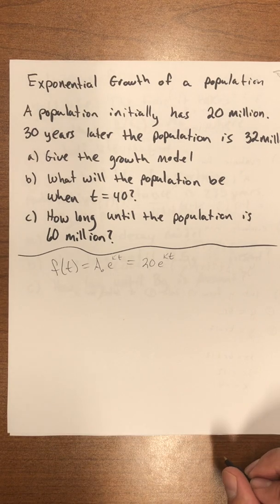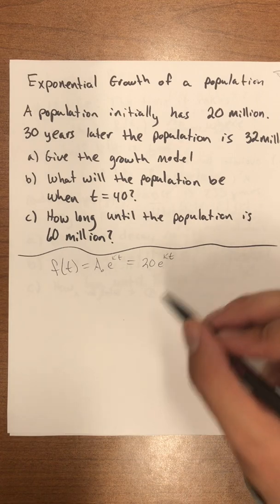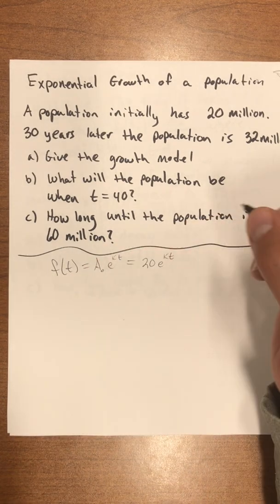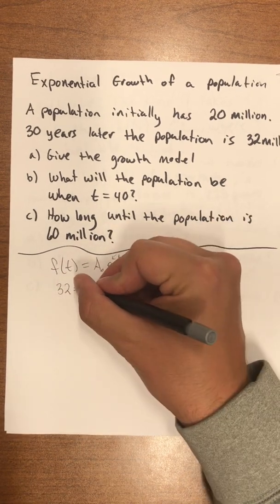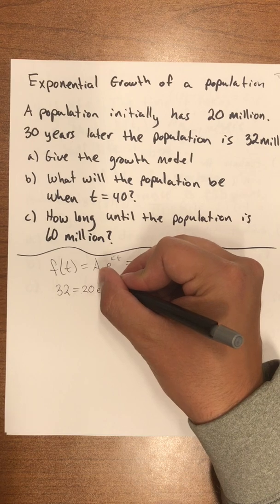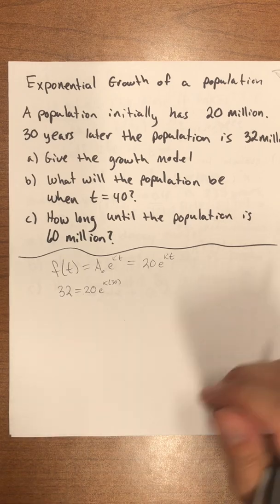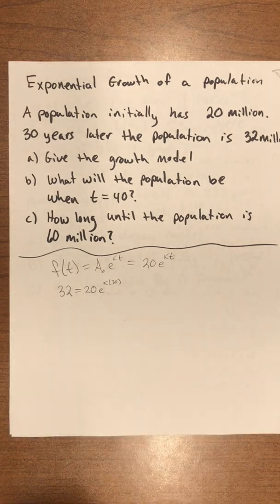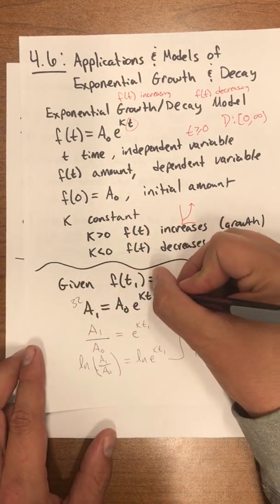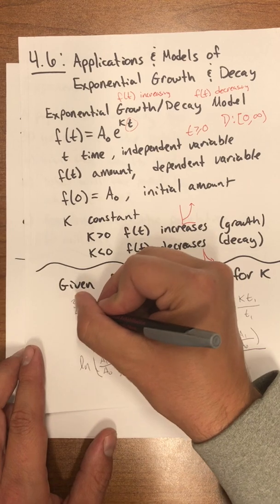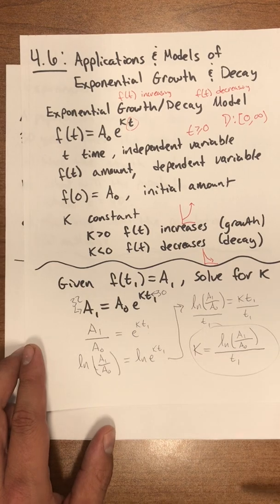And our initial amount is 20. Now on the previous page I said if you have a specific time and a specific output amount, we were calling that T1 and A1. So in this situation we have an output of 32 when the time is 30. If we look back at the previous page, we're solving for k right here.